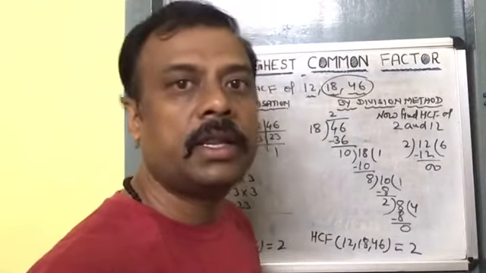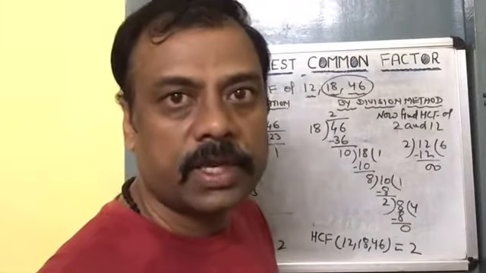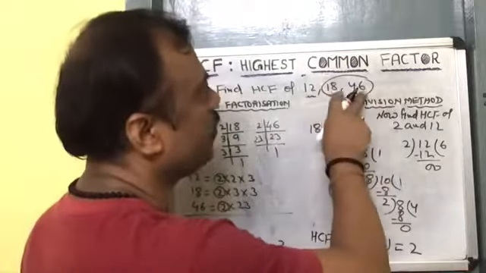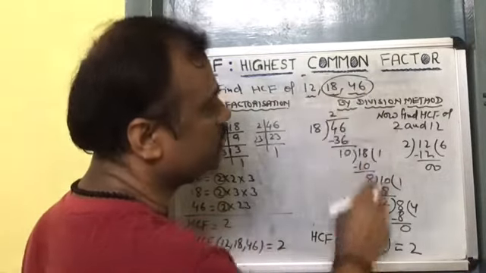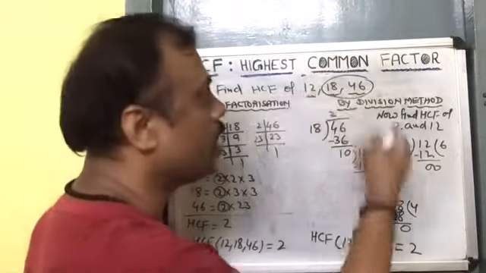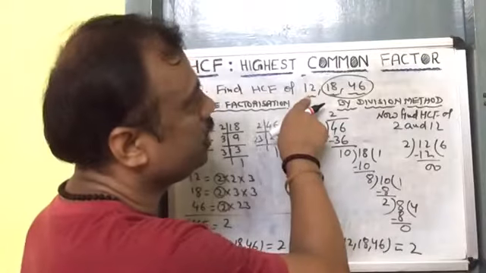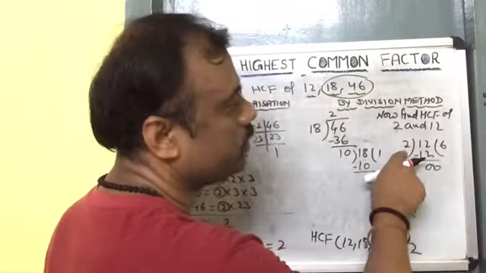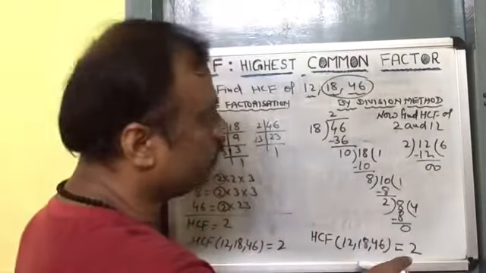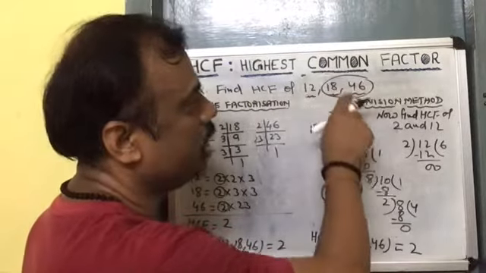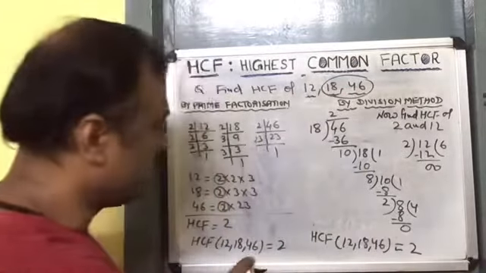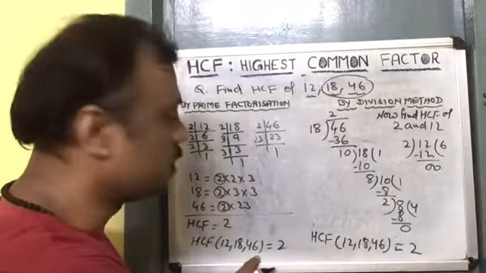Then again with the same process find the HCF. Here we have taken 3 numbers. I have found the HCF of 18 and 46, which is 2, and now 2 with the remaining number 12. I have found the HCF of 2 and 12, which is 2. So 2 will be the final answer for the HCF of 12, 18 and 46. So the answer is C.